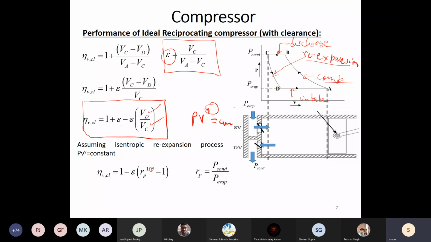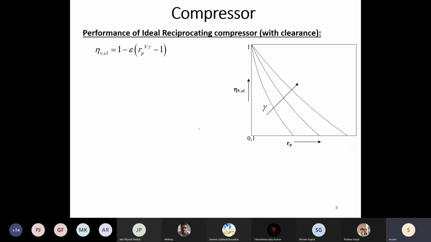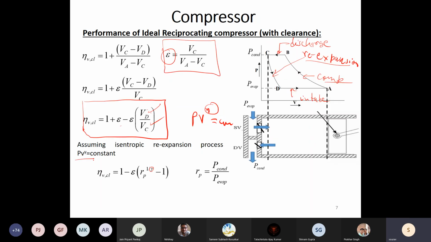With this assumption, I can write this VD over VC in terms of the pressure ratio and either gamma or n, whatever you want. If you assume it to be an isentropic process, then you can write PV to the power gamma constant. If you assume it to be a polytropic process, you assume PV to the power n constant. So our idea is to simplify this expression into this.